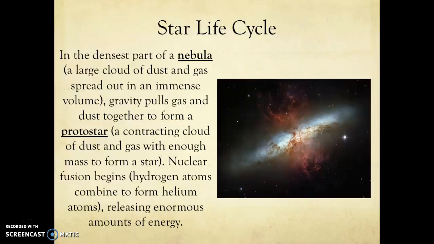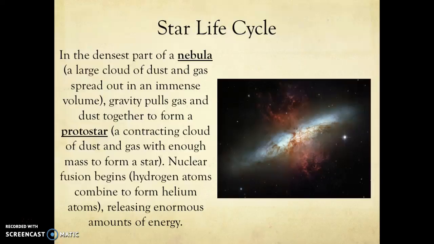And when it does this, it forms what's called a protostar. And this is a contracting cloud of dust and gas. And this cloud has enough mass to form a star. Now, stars are huge. They're massive. They have a lot of mass to them. So this protostar, this cloud, needs to have enough mass to form a star.